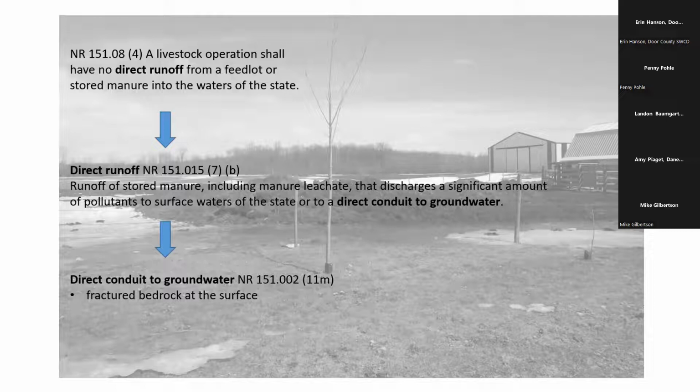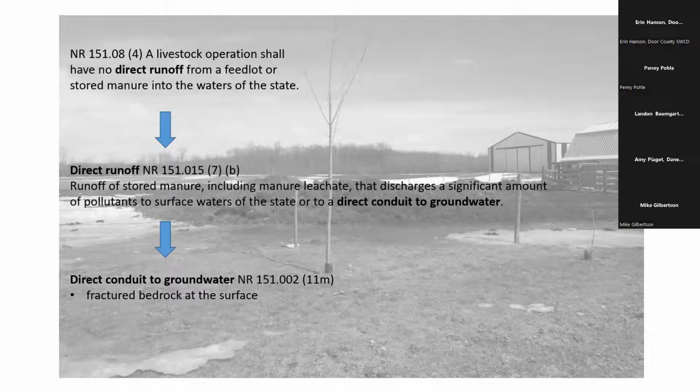In this, I believe now I'm into a fictional example, but should runoff from this unconfined manure pile surface flow across to an area, for example, with fractured bedrock at the ground surface, this would also be not meeting that prohibition. So I think the purpose here is just to show how all of the definitions fit together.